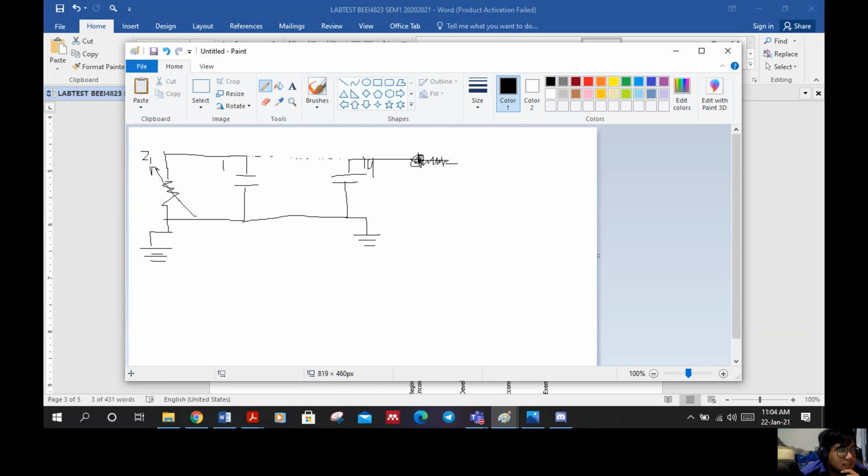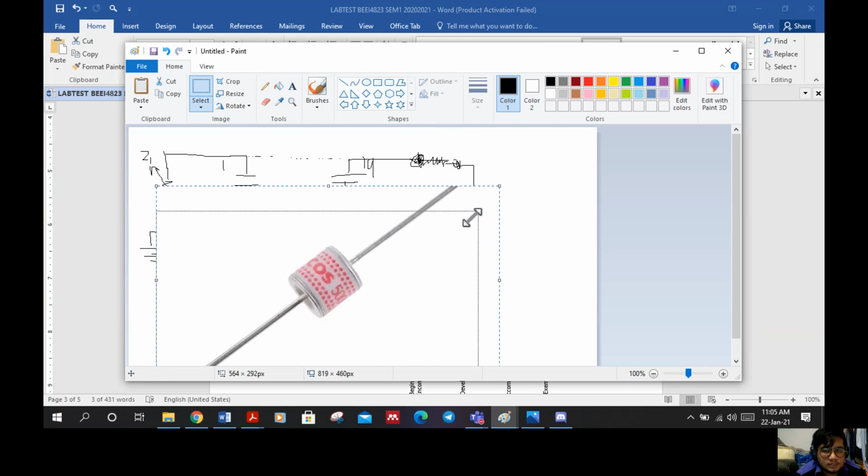This one is a spark gap. So the spark gap is connected in series and then will be connected to the ground. This one is the spark gap.